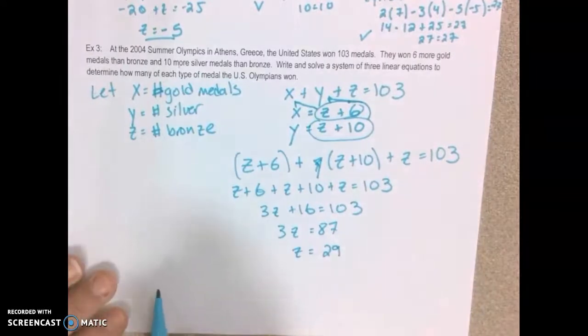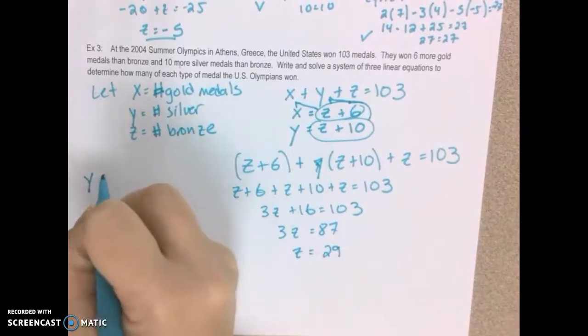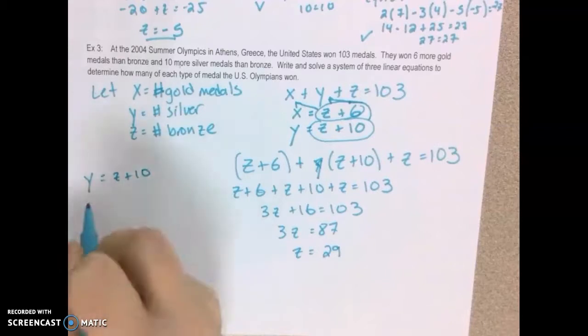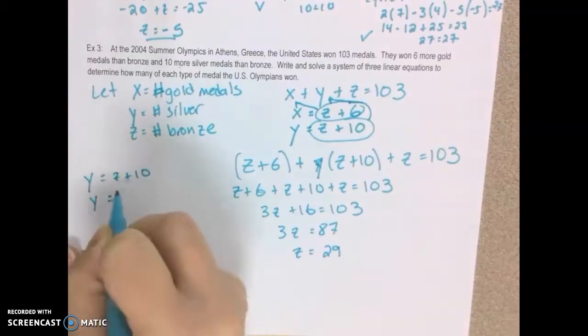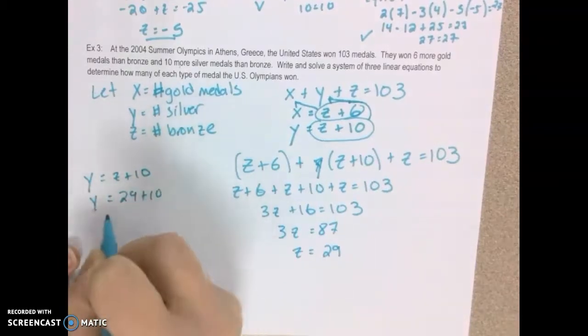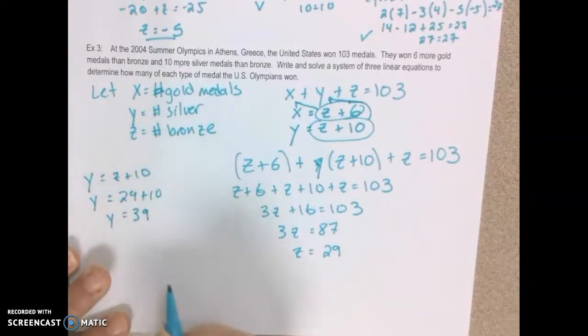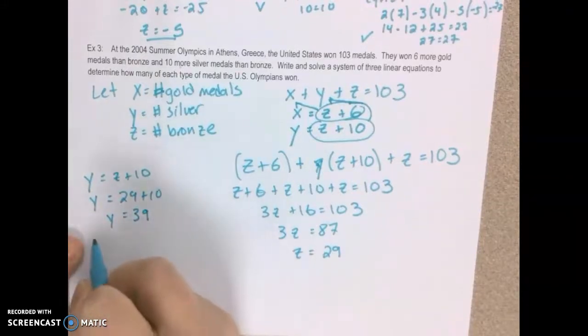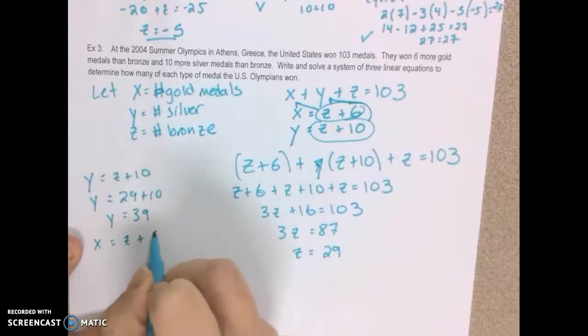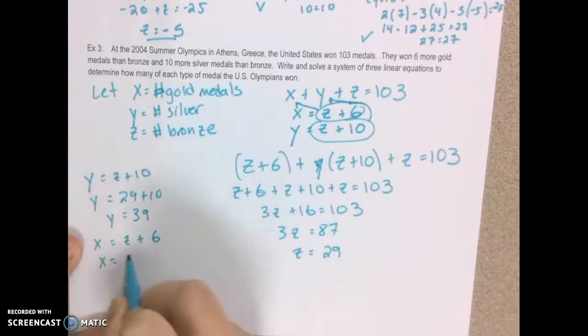Then for y, it's z plus 10, and so y would equal 29 plus 10, so y equals 39. And then x equals z plus 6, so x equals 29 plus 6, x equals 35.